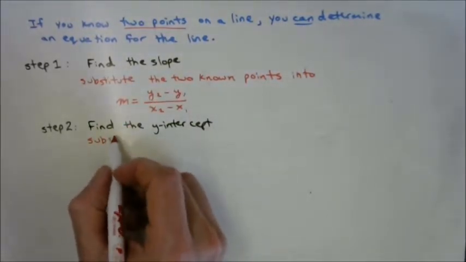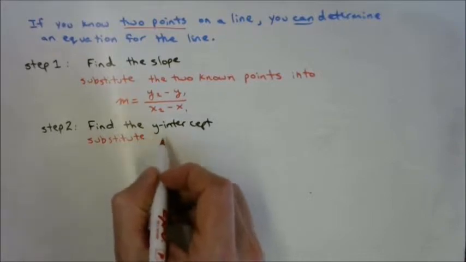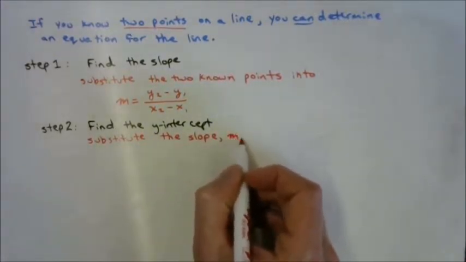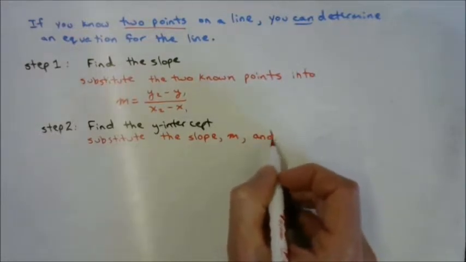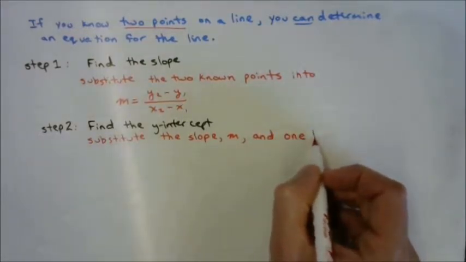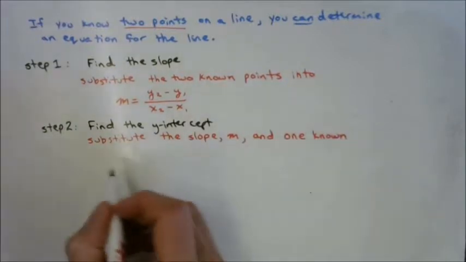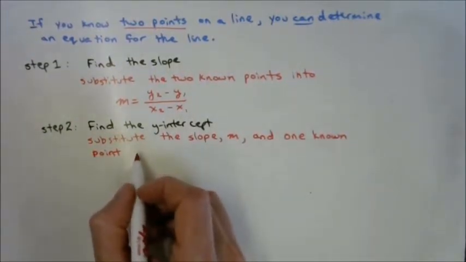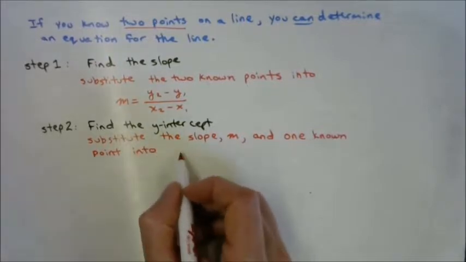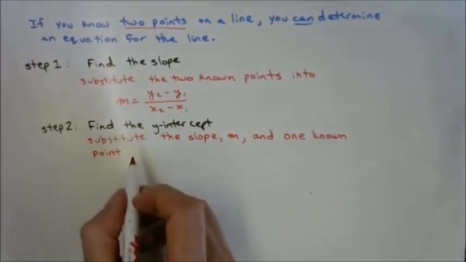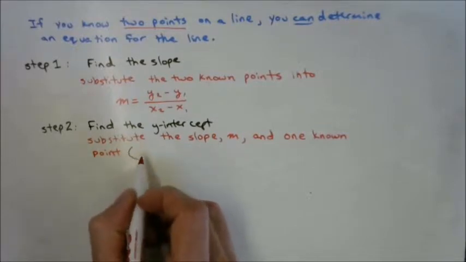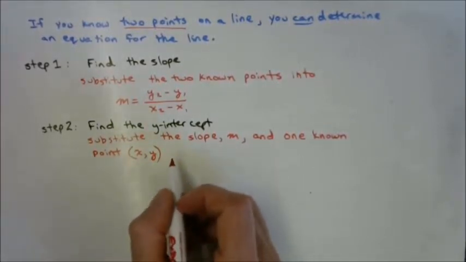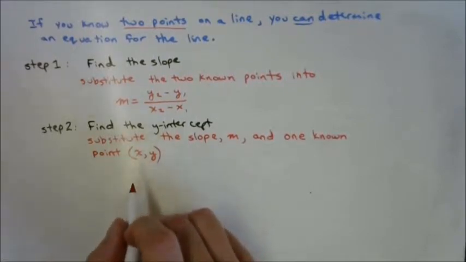So we're going to substitute the slope, m, and one known point, which is denoted x, y, so that's the coordinates, x and y that match together, that are on the line, that satisfy the equation.